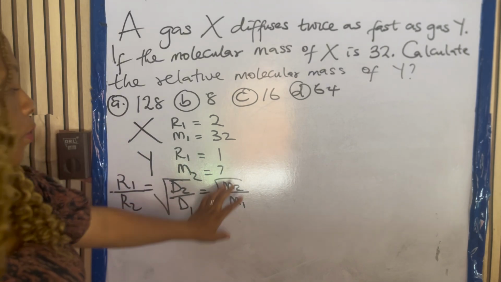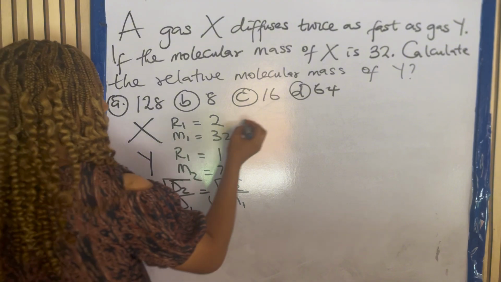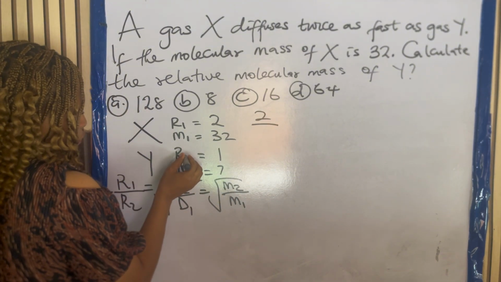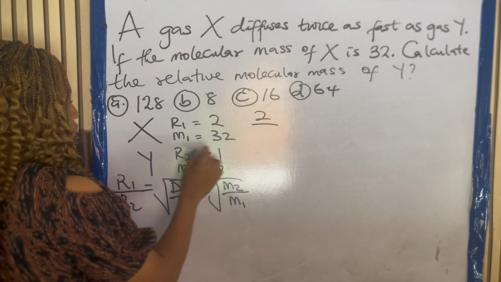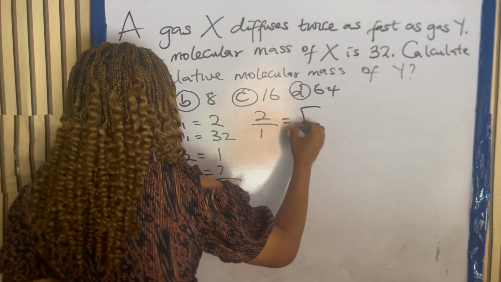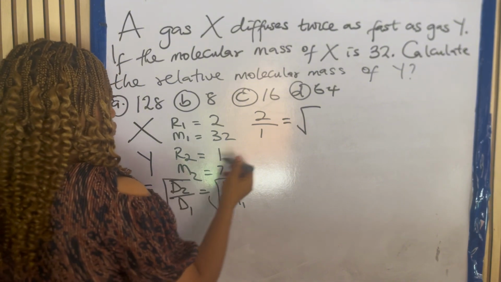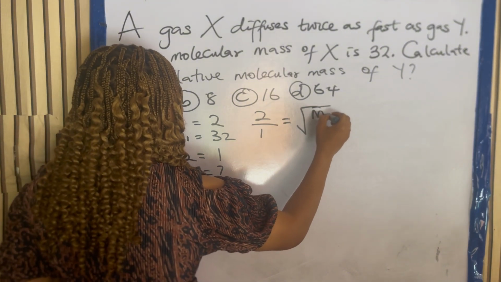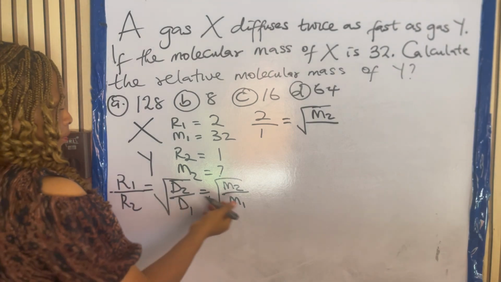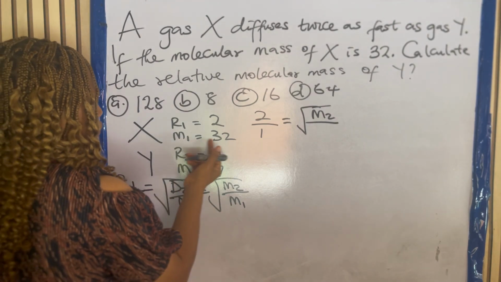Is that okay? All right. So R1 from here is 2 over R2, which is 1, is equal to the square root of M2. M2, we don't know. That's what we're looking for. All over M1, which is 32.